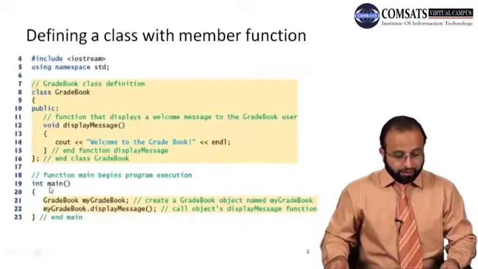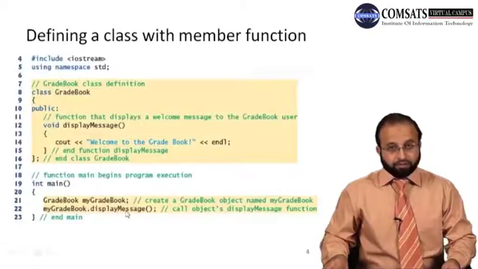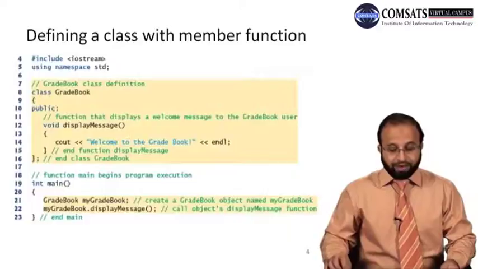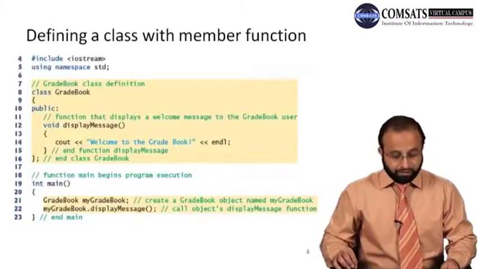Then we have a main function, and within the main function we create an object of GradeBook, myGradeBook, and then we call the function display message with the object. In line number 22, myGradeBook is an object of the GradeBook class. Then we have the dot operator and the display message function. Now it will display the message welcome to GradeBook on the screen, right?